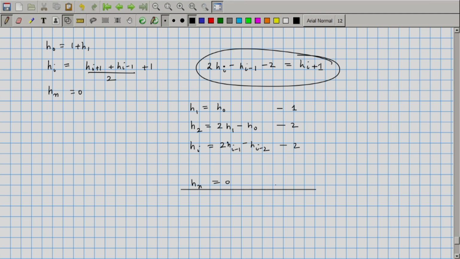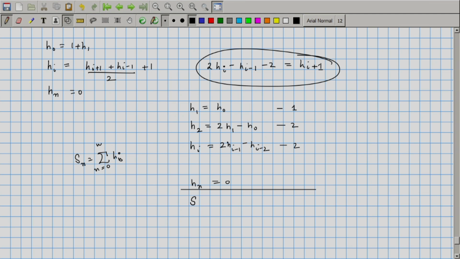If you add these things, the LHS will add up to summation Hi. So, let us denote Sn is equal to summation Hi, i going from 0 to n.